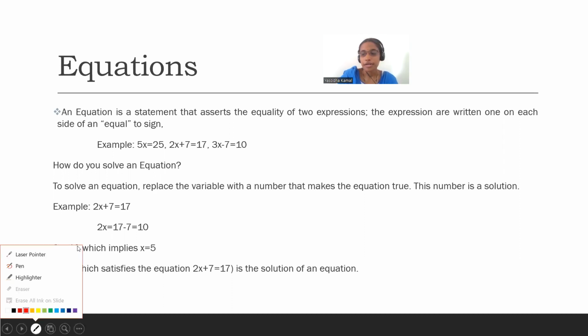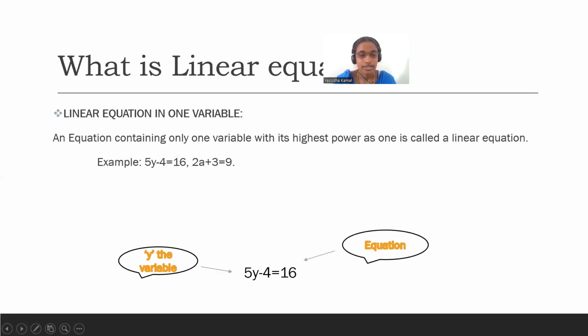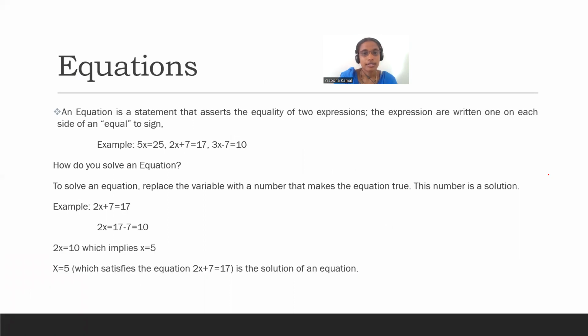That is, suppose I'm writing here 2x is equal to 5.